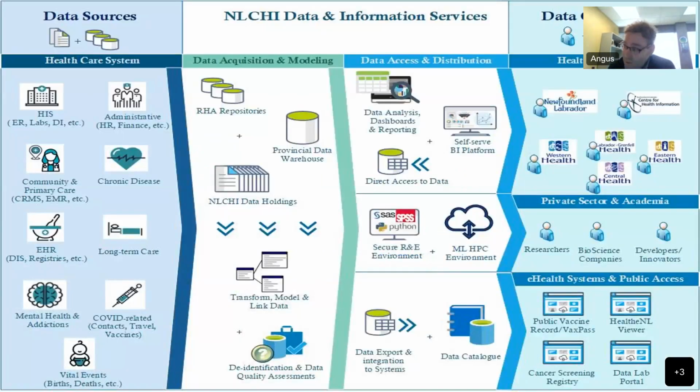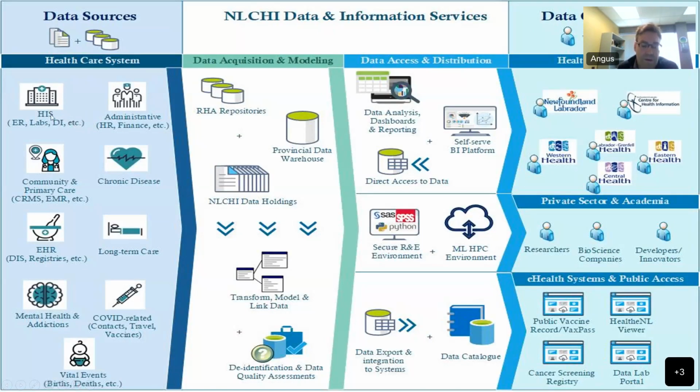So this is a bit of a busy slide, but I'll give a treetops view of how data moves from left to right, from source data on the left through NLCHI in the middle to data consumers and stakeholders on the right. On the left-hand column, we have our data sources, various health system data sources ingested into NLCHI.